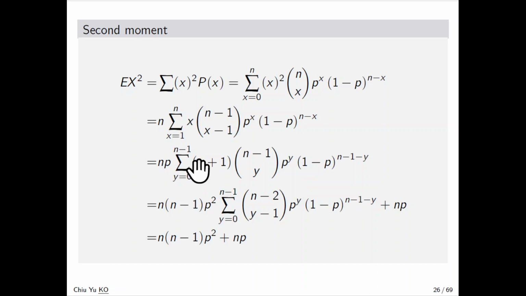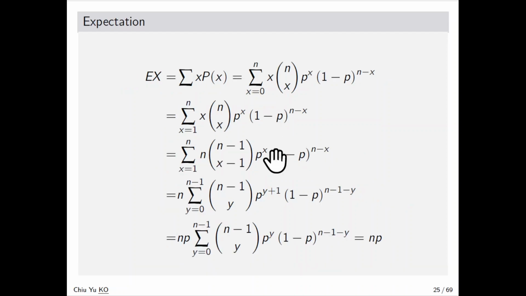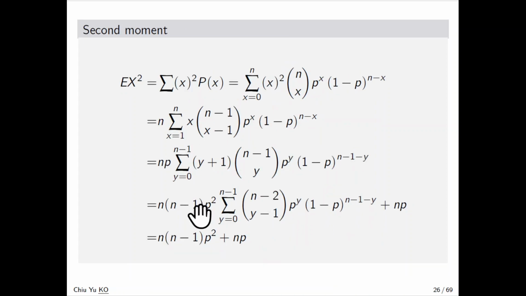For y, you can start from 0, it doesn't really matter, or start from 1. The same trick applies. We can take out n minus 1 and y cancels out, so we have n minus 2 choose y minus 1. And here the same trick applies; we can take the p out, so we have p squared.